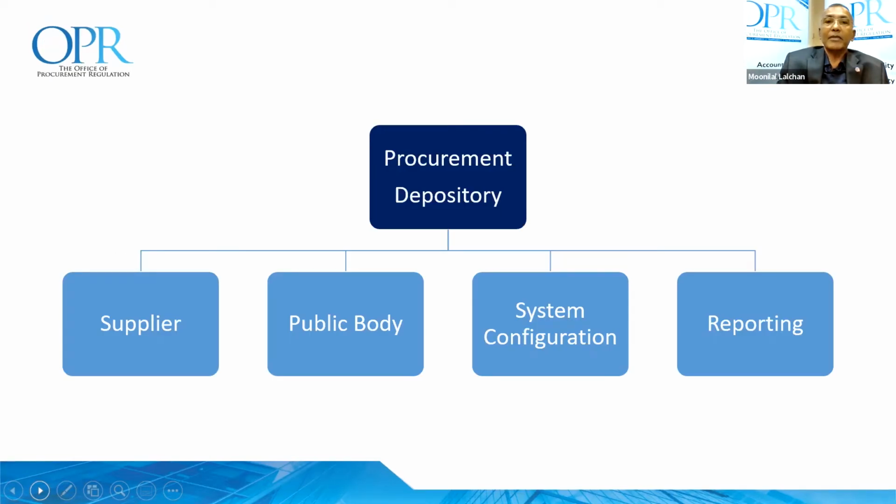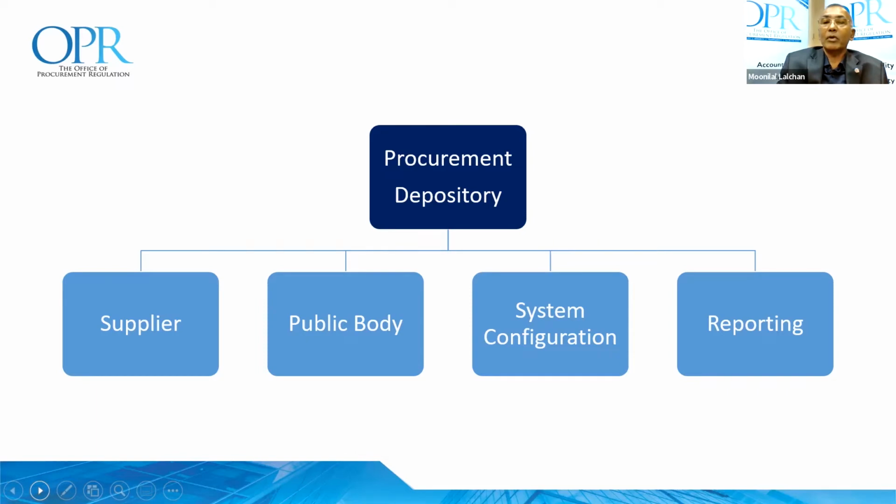So the depository is broken up into different areas, and we have suppliers coming in to make requests for pre-qualification. The public bodies are included there because they are the ones who actually review all documentation and applications to make the supplier pre-qualified. You have the system configuration in terms of workflow processes and so on associated with it.